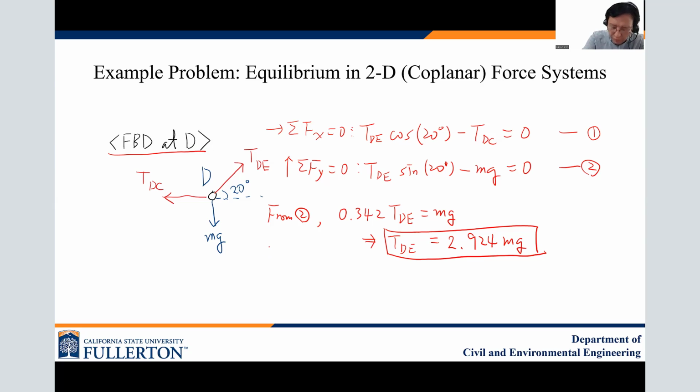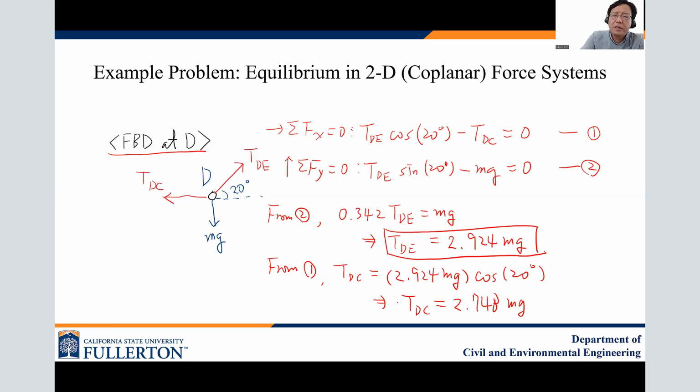And then from equation 1, TDC equals 2.924 mg times cosine 20 degrees. That gives TDC equal to 2.748 mg. So this is the answer for that.